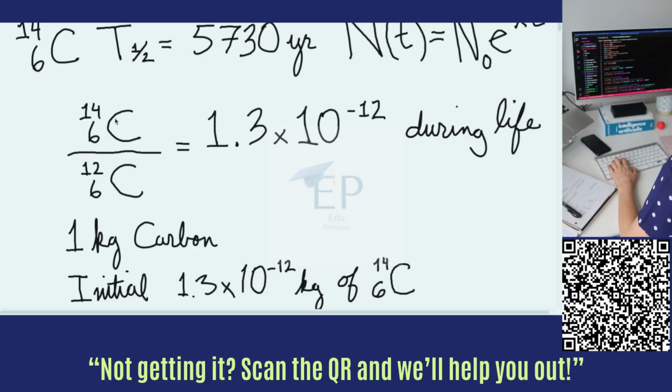I'm sorry, that fraction is the fraction of carbon-14 to regular carbon-12. That fraction is very small. It's on the order of 10 to the negative 12, and it only occurs during life.